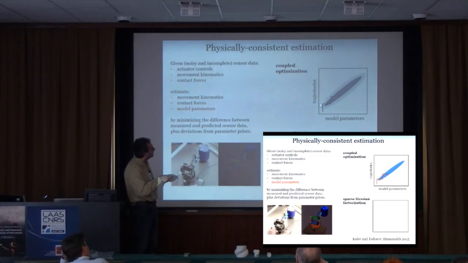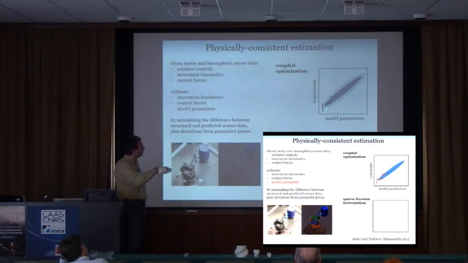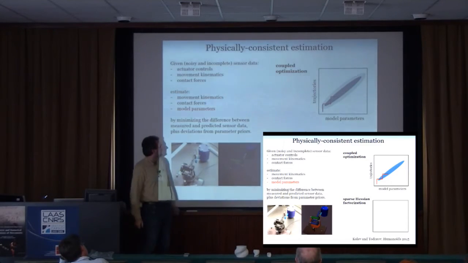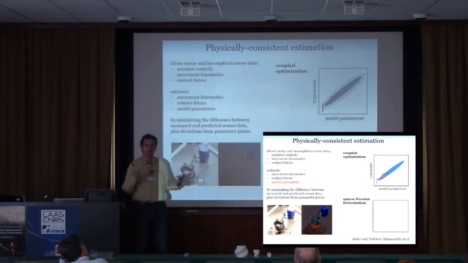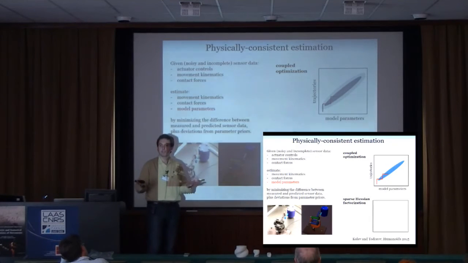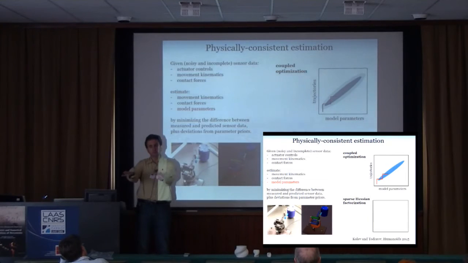And if you try to fix one and optimize the other, you end up with chattering that's reminiscent of first-order gradient descent, even though it isn't. You could be doing second-order gradient descent here, but the fact that you decouple them is bad. So we have to treat this as a big joint problem. Both state estimation and system identification have to be done together for the purpose of doing system ID. Once you do system ID, you can fix your model parameters, and then you do state estimation online.